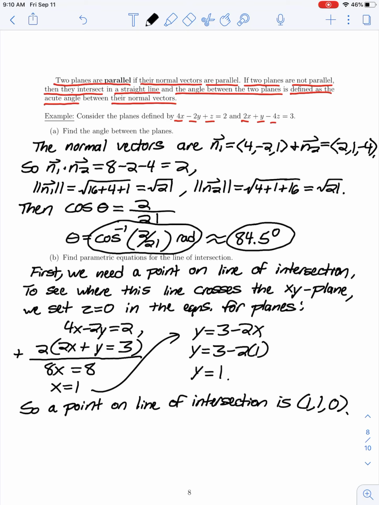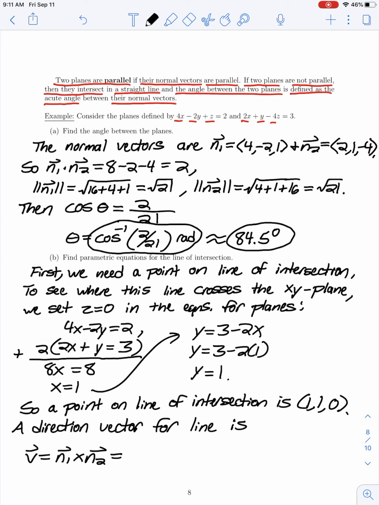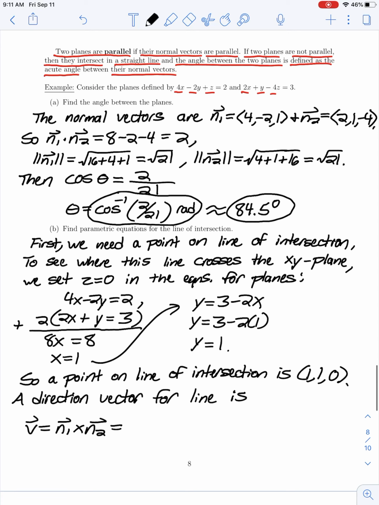So a direction vector for our line of intersection, let's call it v, could be taken as the cross product of the normal vectors n1 and n2, in order to get a vector that's orthogonal to both.